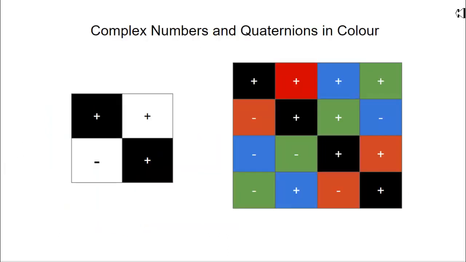So that's all I'm going to say for now. I'm hoping that this approach to colorizing the complex numbers and the quaternions can give you further insight into the inner workings of these two mathematical objects. I know that understanding complex numbers can be very difficult if they're not presented to you with the correct language. Some people just think better in colors than they do in symbols, and I know some people have trouble processing algebraic symbols.